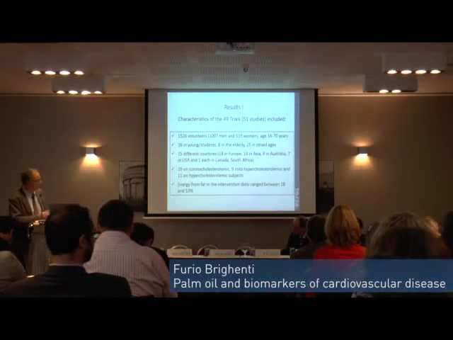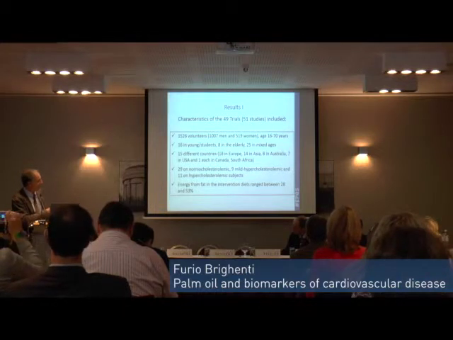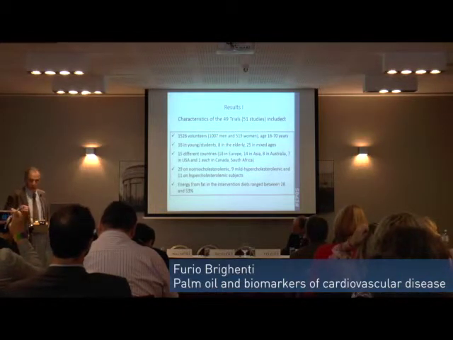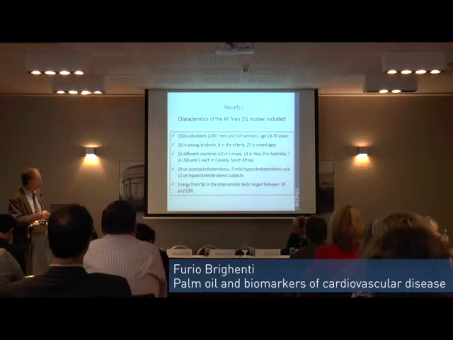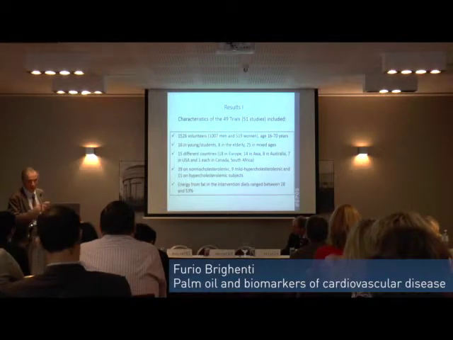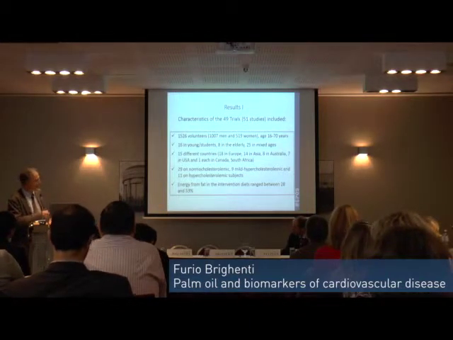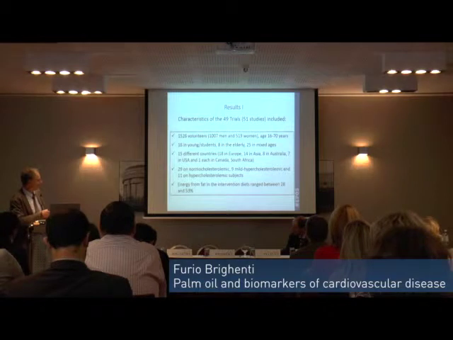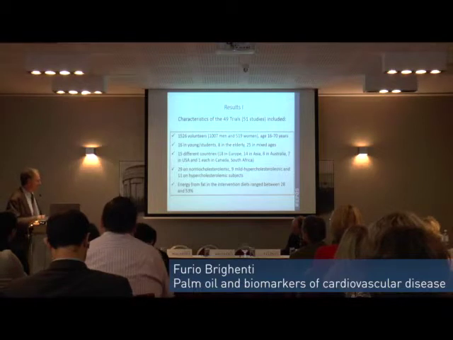Just to resume the total numbers, these 49 trials, 51 studies, included more than 1,500 volunteers. The age was different, from 16 to 70, so all the age span in adults. 16 studies were done on young people, 8 in elderly people, and 25 studies in mixed ages. Location was different: 15 studies in 15 different countries, with 18 studies in Europe, and then Asia, Australia, USA, Canada, and South Africa.